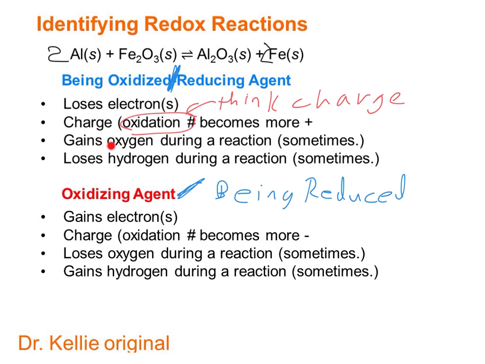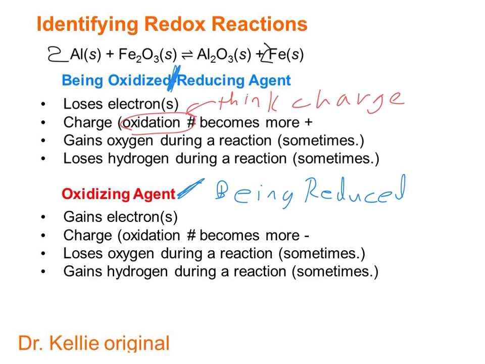If something gains oxygen during a reaction, then that sometimes means it's being oxidized. If something loses hydrogen during a reaction, that means it's being oxidized, which would also mean it's the reducing agent. The clues for an oxidizing agent, or something that's being reduced, are the exact opposite. An oxidizing agent will gain electrons.